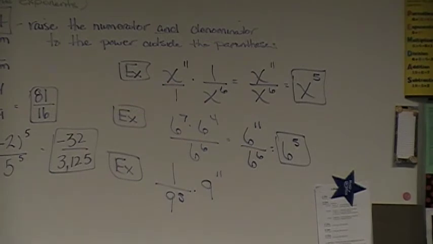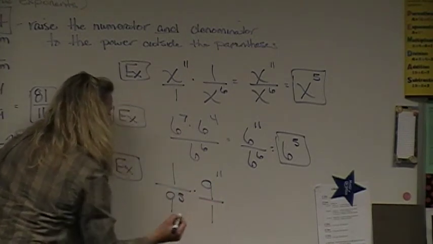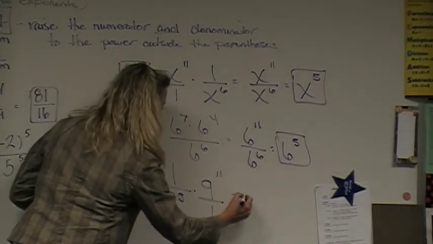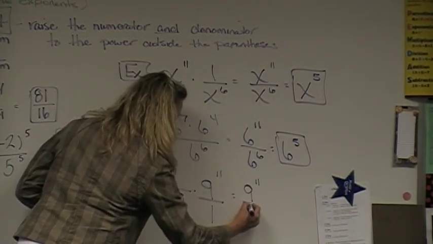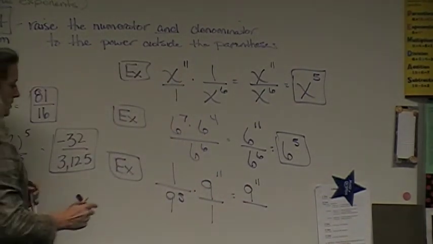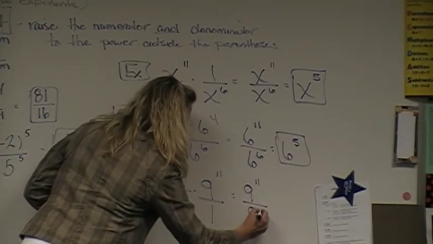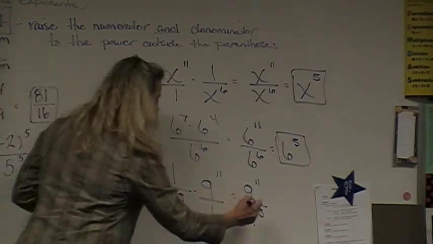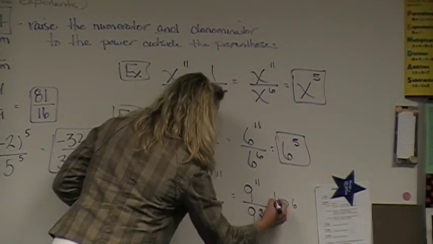Put 9 to the 11th over 1. Good. Now we multiply across. And what do we get for the numerator? 9 to the 11th. Obviously, anything times 1 is itself. And then what's on the bottom? 9 to the 5th. Now, because we're dividing with the same bases, what do we do with the exponents? Subtract. So 9 to the what, class? 6. Very good.